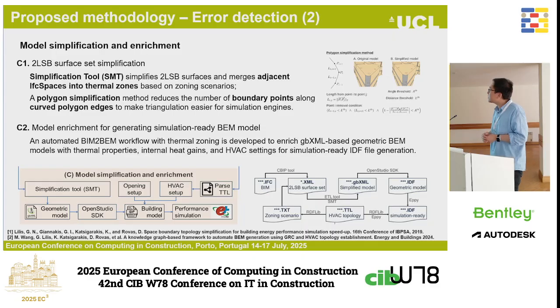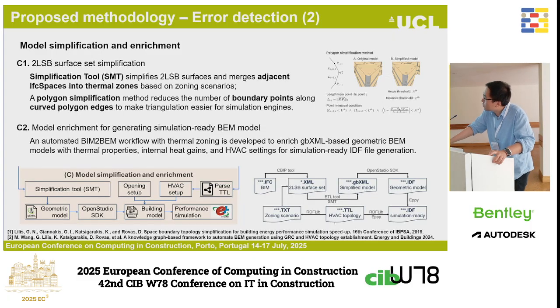The last stage is model simplification and enrichment. There's another tool that we developed a couple of years before, the simplification tool, to simplify the second-level space boundary surfaces and merge the adjacent IFC spaces into thermal zones. It can be guided by the strings generated from the HVAC topology.